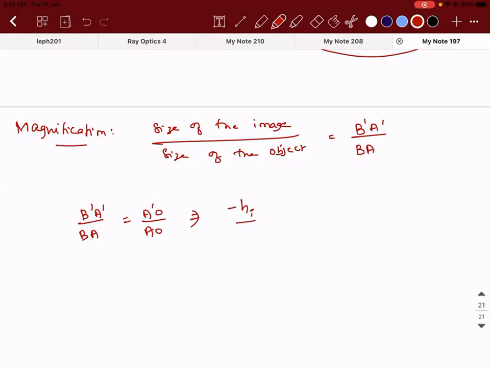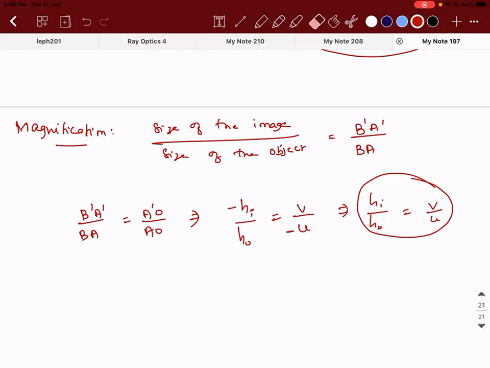Minus height of the image because it is inverted, divided by BA, which is height of the object, that is HO, is equal to A dash O, which is capital V, divided by AO, which is U, which implies HI divided by HO is equal to minus V by U. No, you should get minus U. So it will become plus U. Done. So this is what is the magnification of lens.